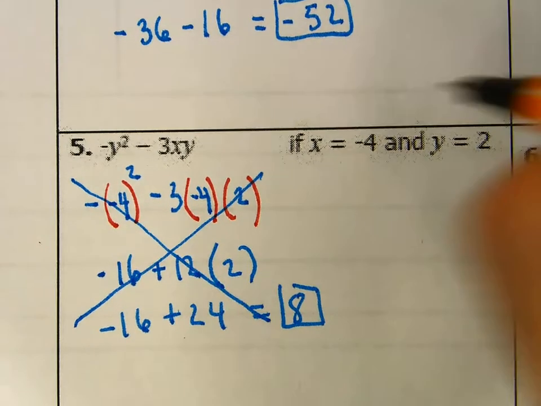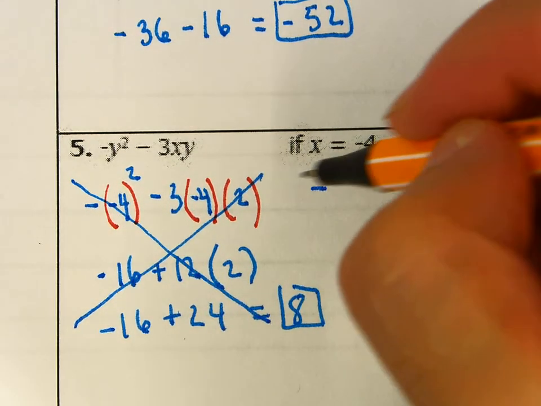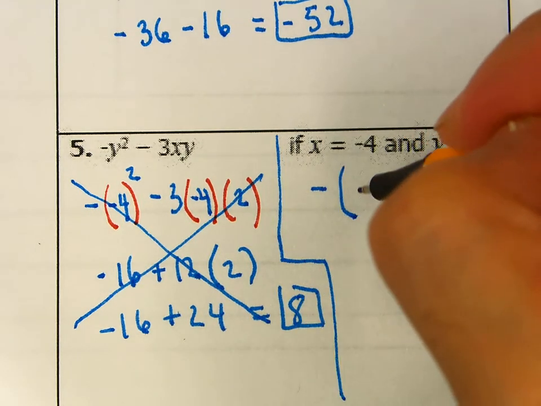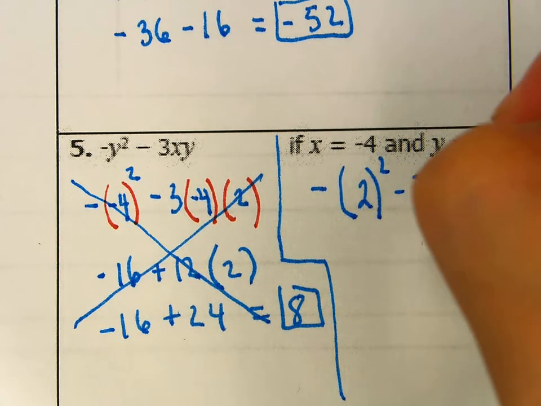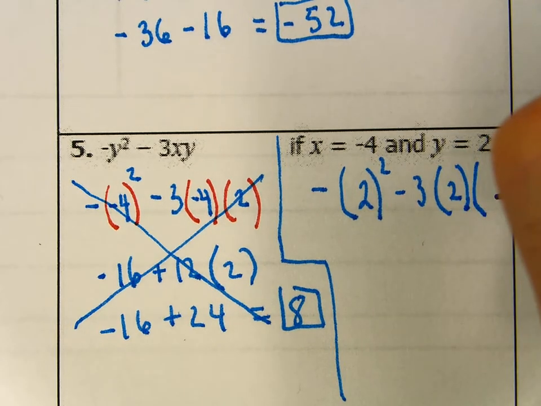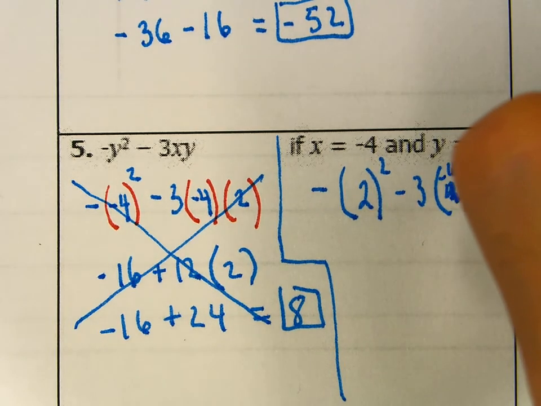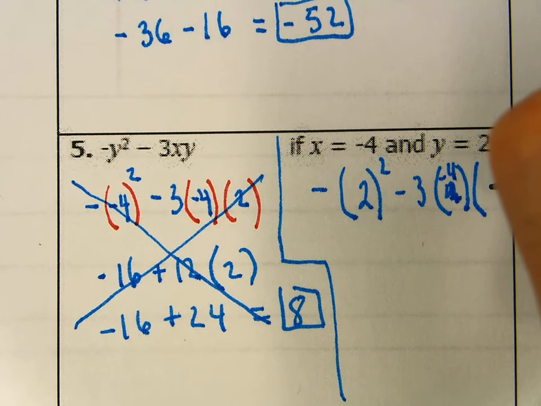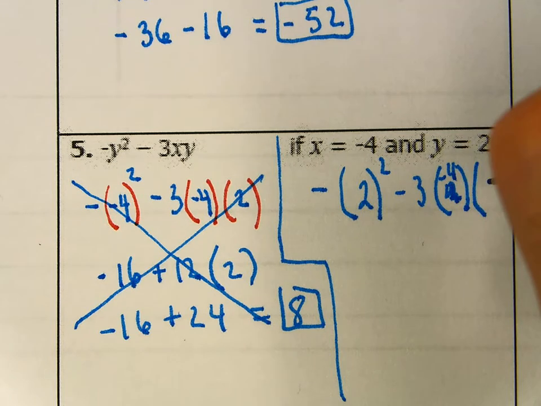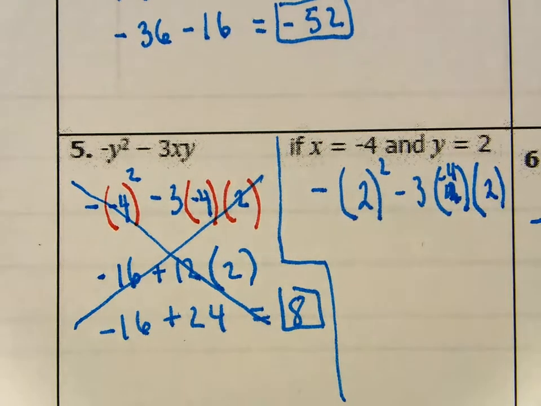It should be what? Negative, oh my bad, let's start over. It should be negative parentheses 2 squared minus 3 times 2, and then, oh no, sorry, minus 4 times minus 3 times minus 4, and then times a 2 over here.